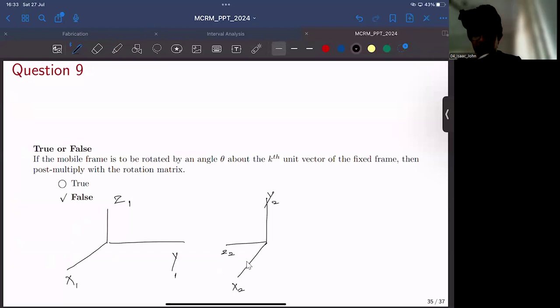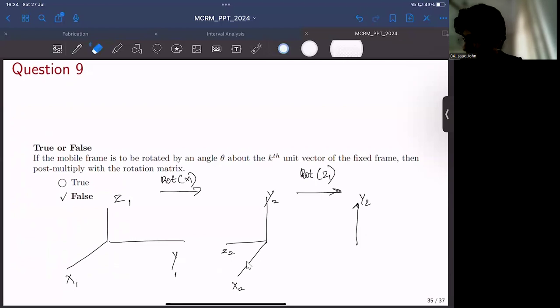And if I am rotating with respect to the fixed Z1 axis, how will the second rotation look? This will be the rotation about X1. We'll get this, and now we'll rotate about Z1. How will this frame look if you rotate about Z1? Y2 will be the same.